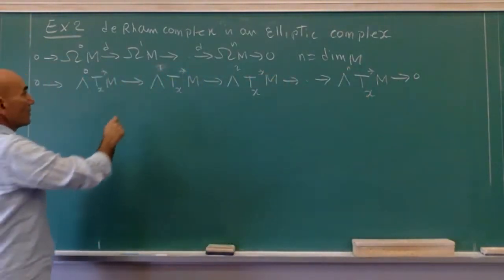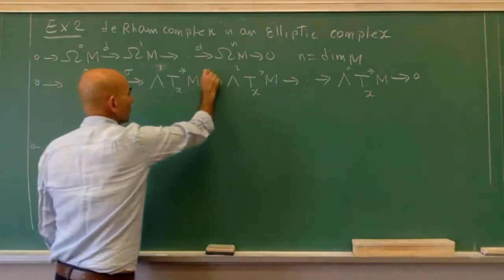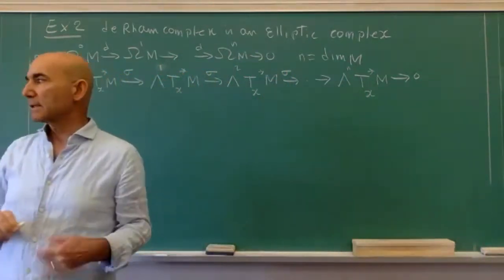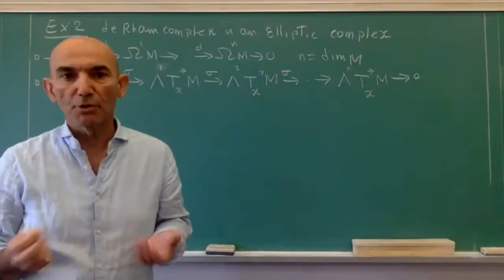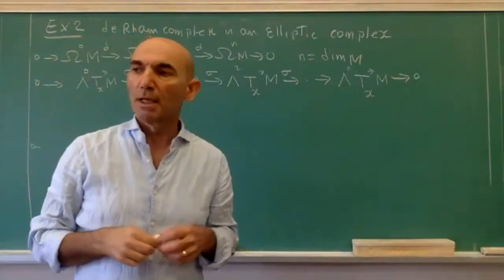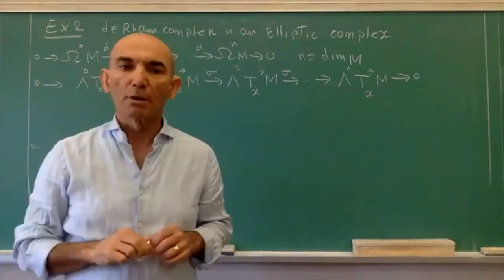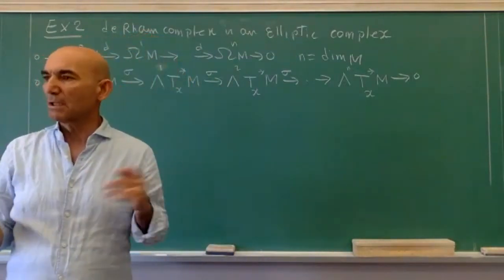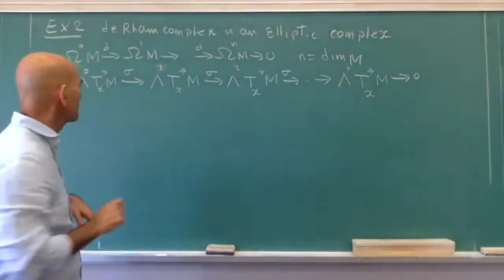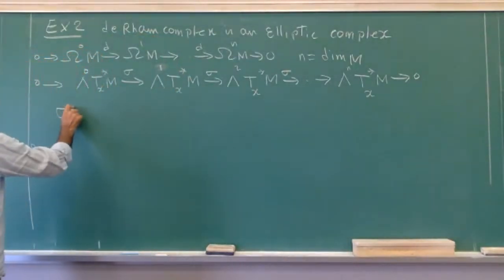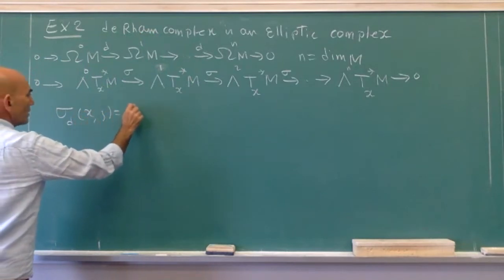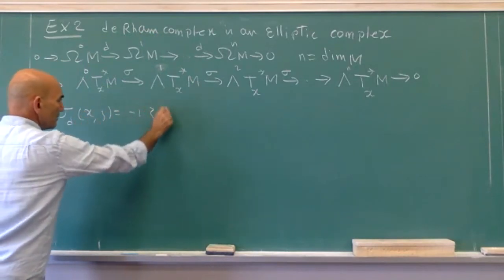So we calculated the symbol of the de Rham differential, as you remember. It was essentially exterior multiplication by this cotangent vector ξ. There was an i, but the i doesn't play a role in the arguments at all. So the symbol of d at x, ξ is equal to minus i ξ wedge.